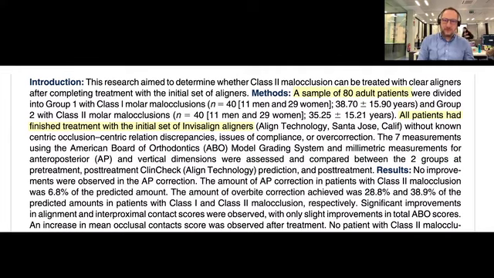Even though we can implement a lot of strategies, protocols, different types of attachments, elastics, everything we have available, and we can get close to the ideal final position, we need to know that additional aligners are going to be necessary, and this is something you're going to see in the cases I'm going to share with you today.